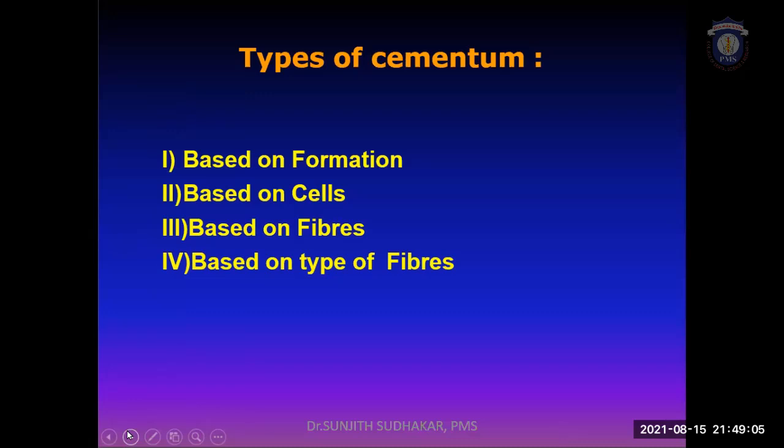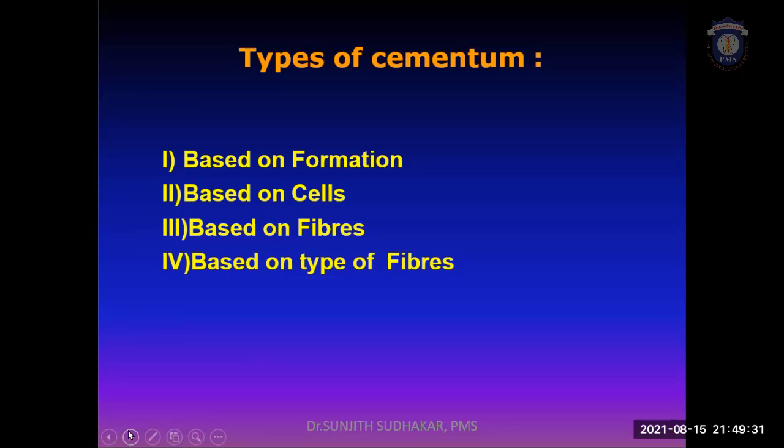What are the criteria? They can be divided on the basis of formation, that is, at what period the Cementum is formed. Then, based on cells, whether there is presence or absence of cells. Then, based on fibers.